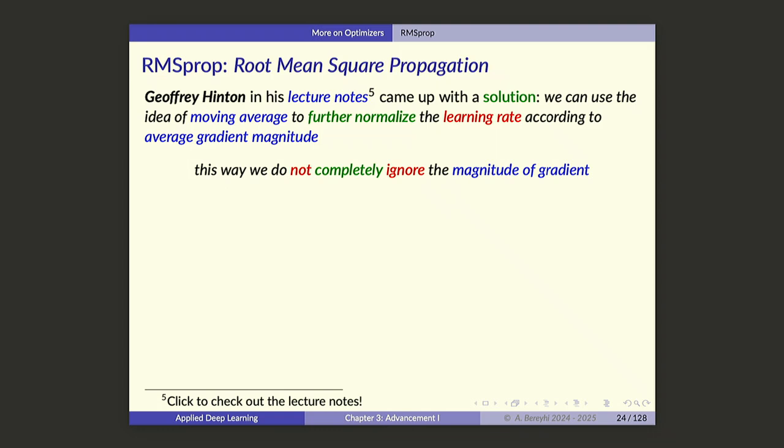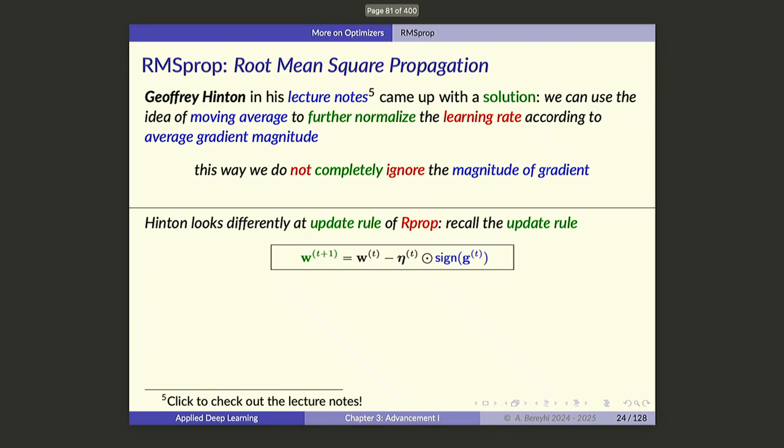He was just looking at this fact that this R prop issue mainly comes from the fact that you have a lot of variation in your mini batches, and these variations could make a lot of trouble for you. So what he did instead, he said, maybe I can look at R prop from a different point of view. So what is the point of view he is having?